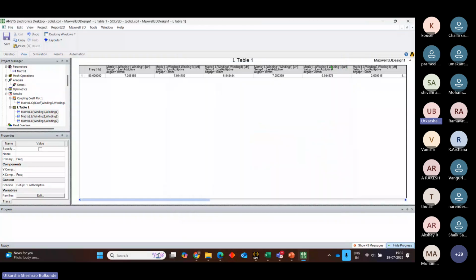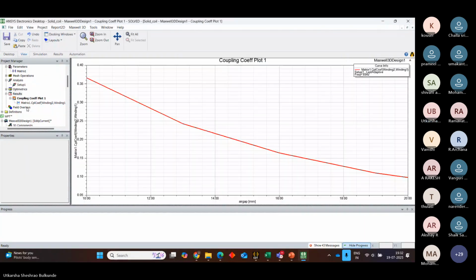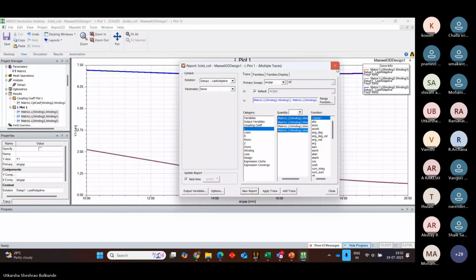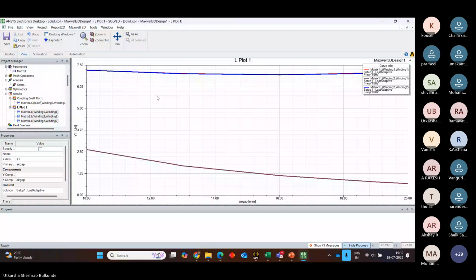The data table is selected. We will see a rectangular plot with respect to air gap. So see, this is your self inductance.